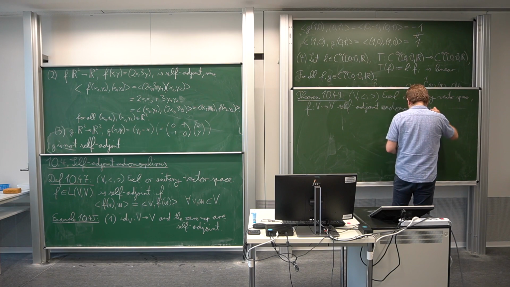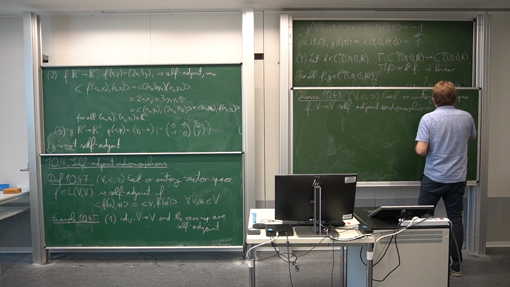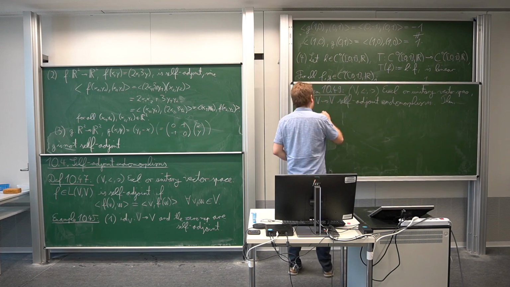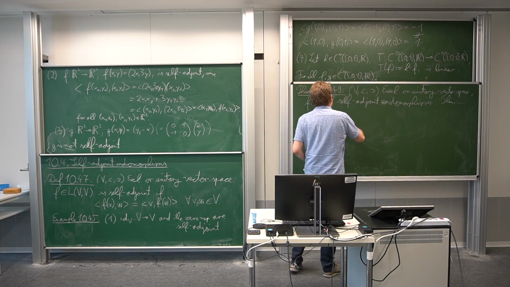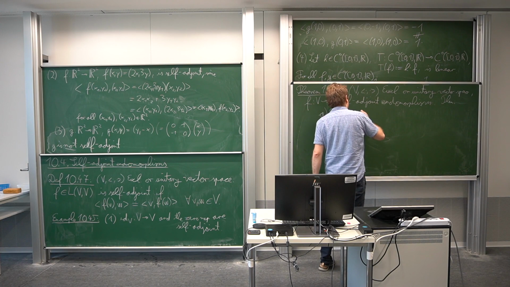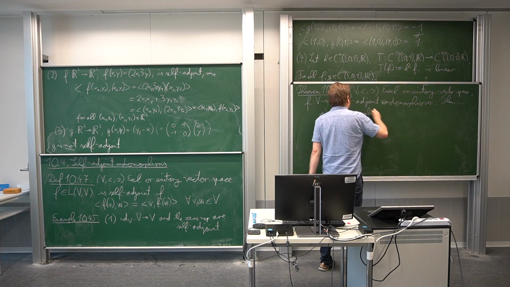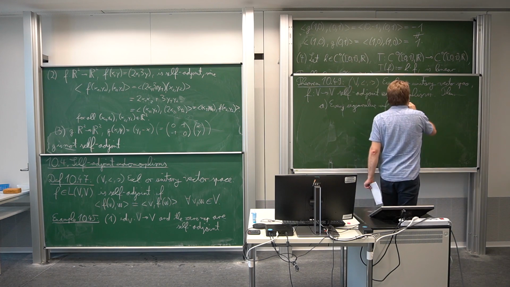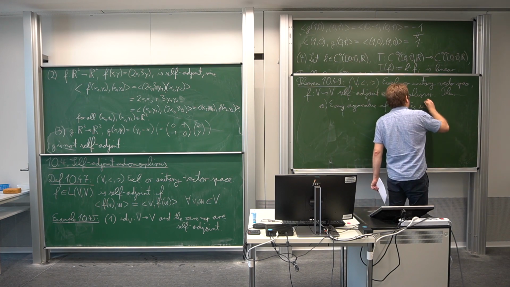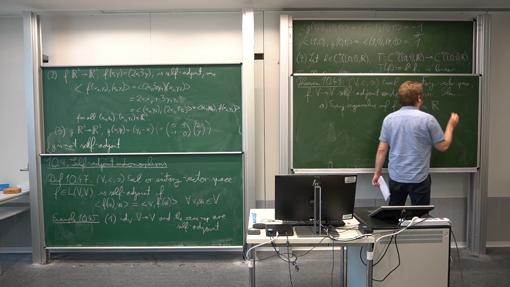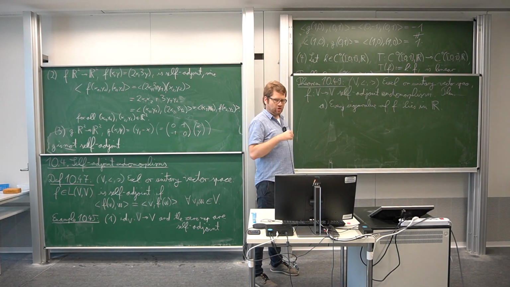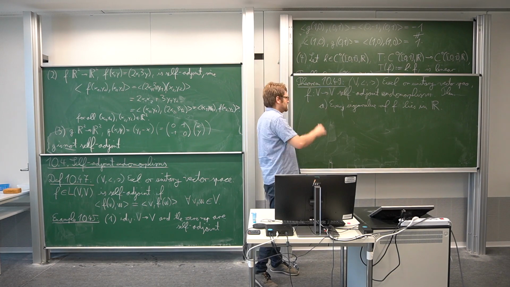Okay, then the following properties hold. First of all, every eigenvalue of f, we don't know yet how many it has, but every eigenvalue of f lies in the real numbers. Of course, if we have a Euclidean vector space, this is trivial, but if we have a unitary vector space, the eigenvalues are in general complex numbers, but for self-adjoint endomorphisms, they are always real.